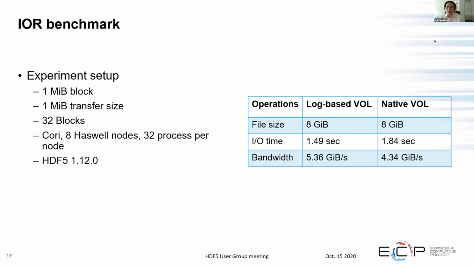So with this simple pattern, now the native HDF5 can finish in a reasonable time. We have a side-by-side comparison of 8 gigabytes of data written by log-based VOL and the native VOL. The metadata in this case is negligible, so it's not shown here.